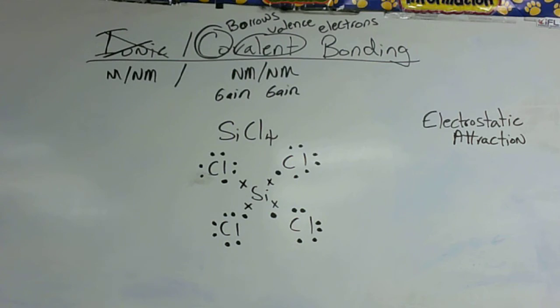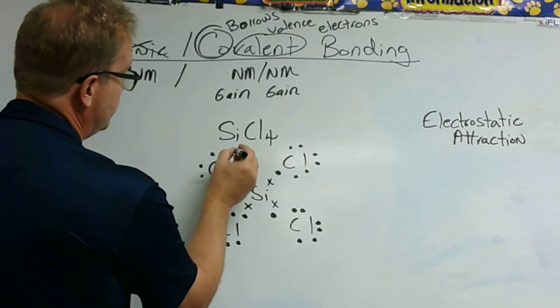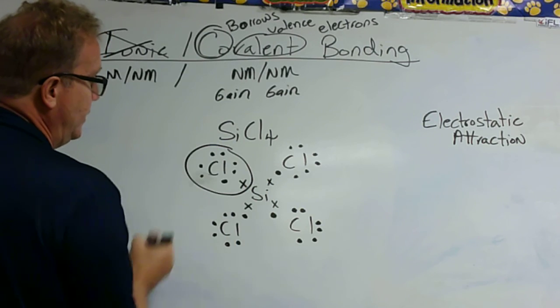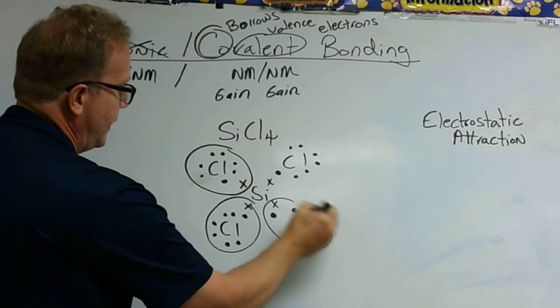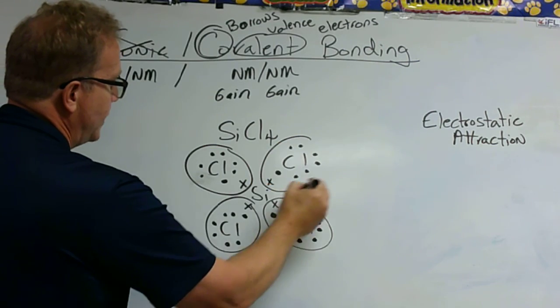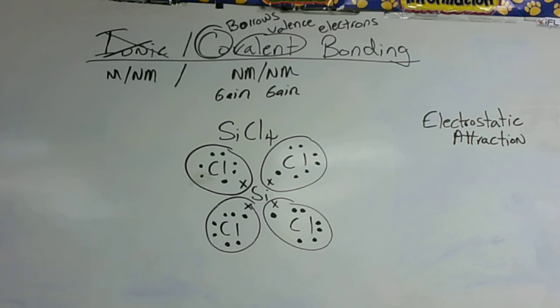Now, since they're not hydrogen, they all want to have 8. 8 octet, 8 octet, 8 octet, 8 octet. And then also silicon needs that 8 too.